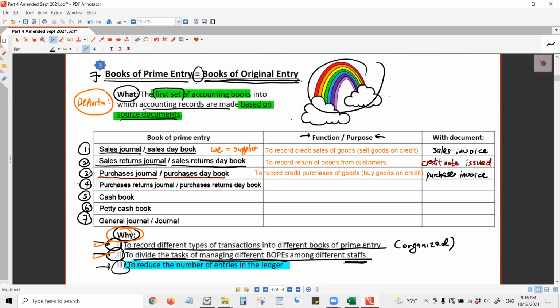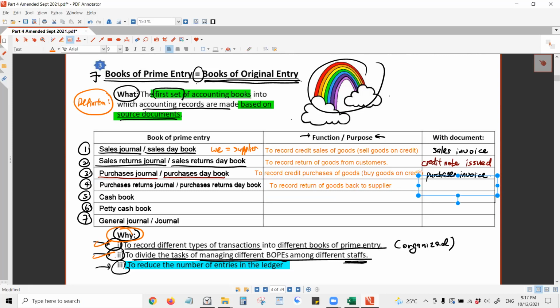Okay, next, purchases return journal. Again, we are the customer. This time, we return goods back to the supplier. So you write, to record return of goods back to the supplier.